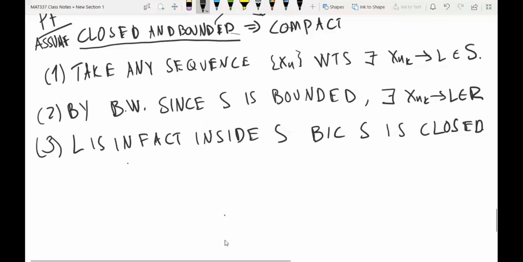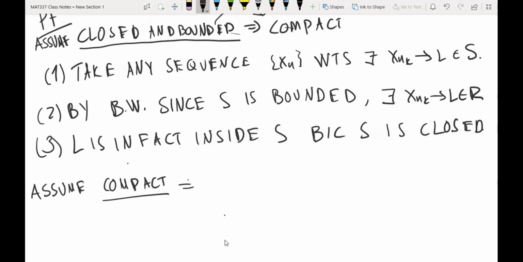Okay, so conversely, now assume you have compact. Let's get closed and bounded.